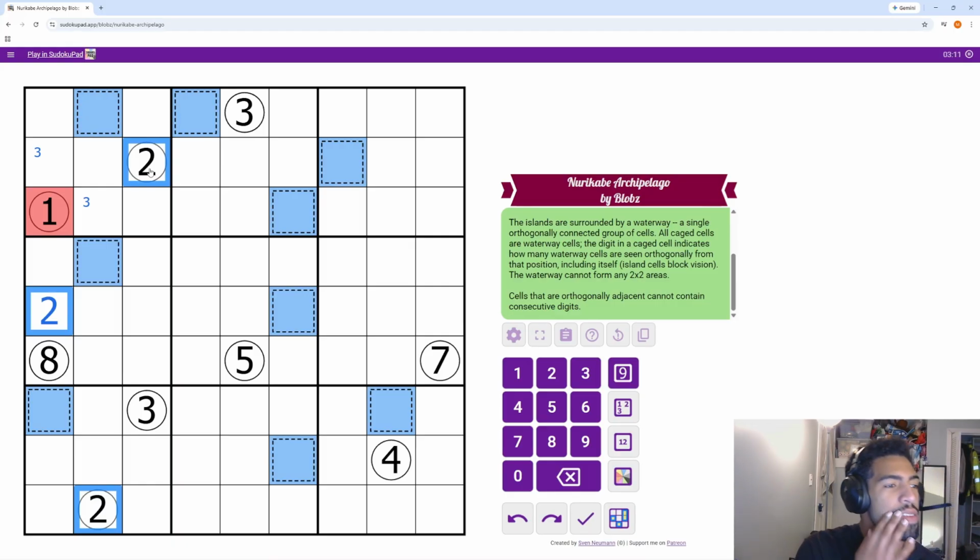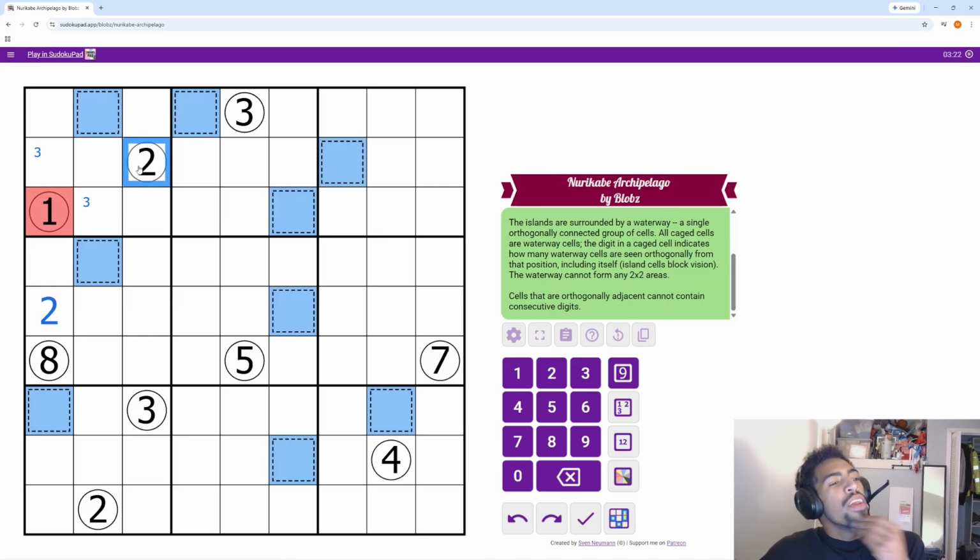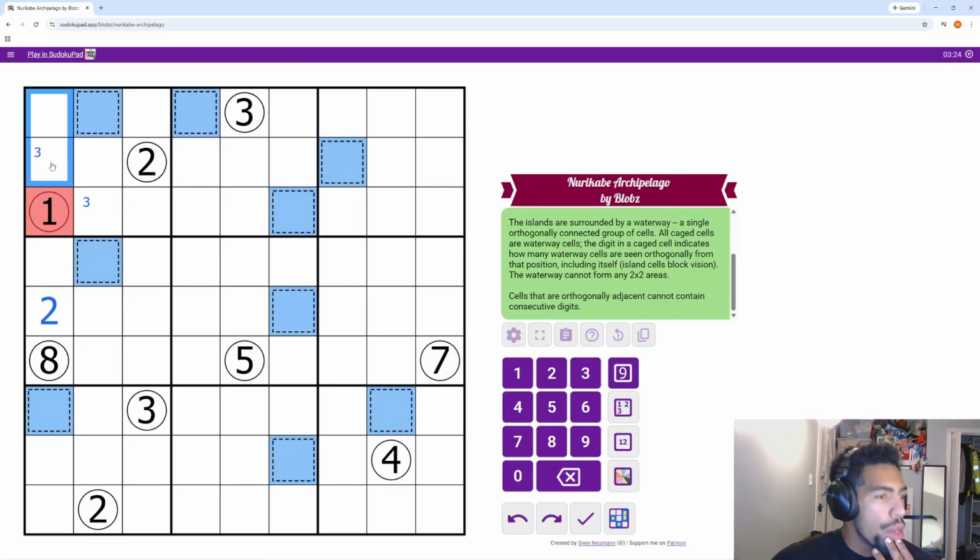Yeah, that's right. So now that's its own island. This island, well, one of these digits, I guess all 3 can't be blue, right? So one of them has to be an island cell, but this one is its own island.